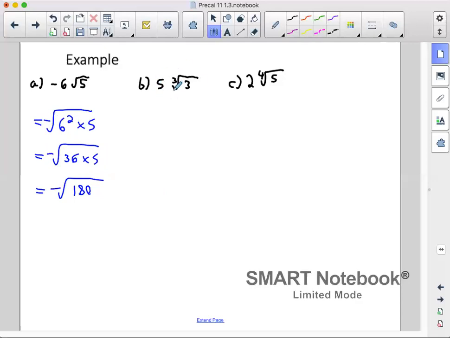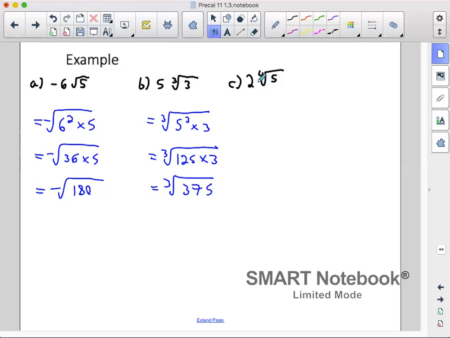This one will be very similar, except it's a cube root, so when we bring it inside, we are going to be cubing it. So 5 cubed is 125 times 3. Then we have the cube root of 375.